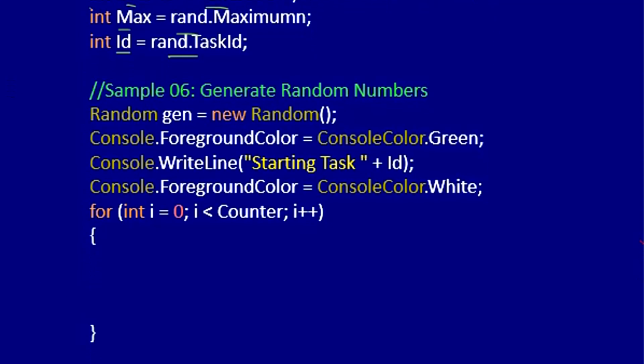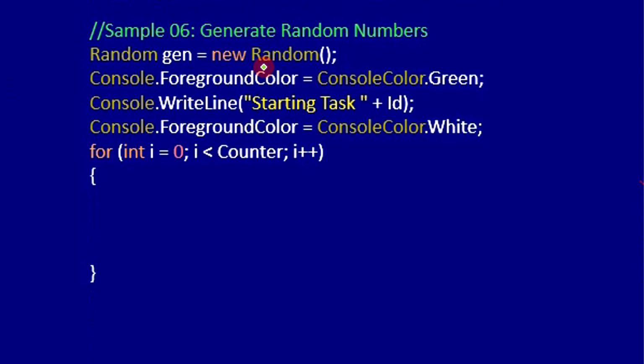Then we generate the Random class, and we are having that in a local reference gen. In the console window, if you see, we are creating a console application, right?